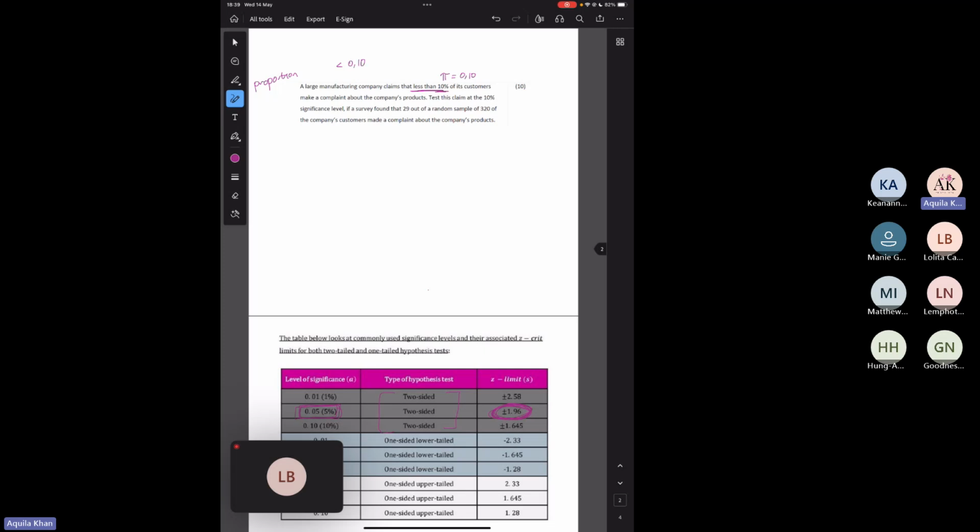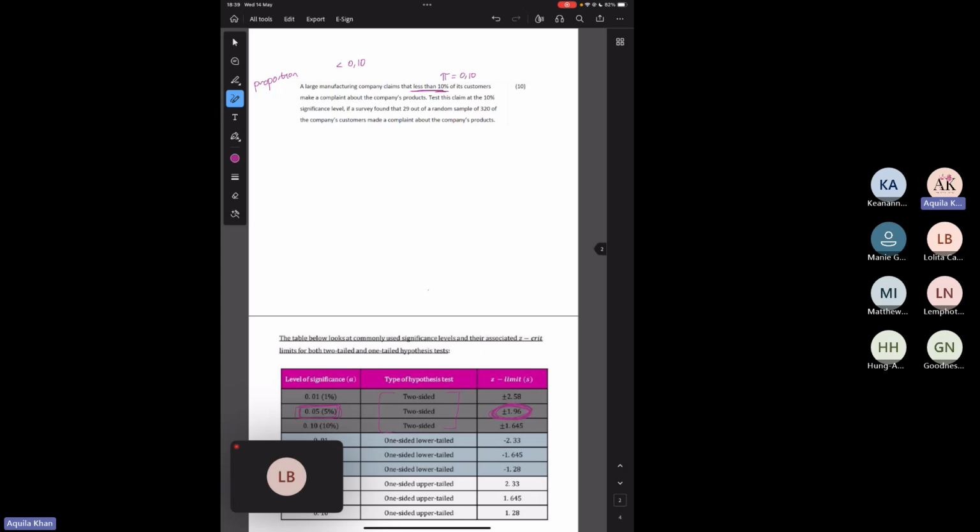I'm going to leave it as a decimal because we work with it as a decimal in the questions, but you can also write it as a percentage. Just remember in the calculations you would need to convert it to a decimal. So we're saying less than 0.1, and this is the claim that's being made.